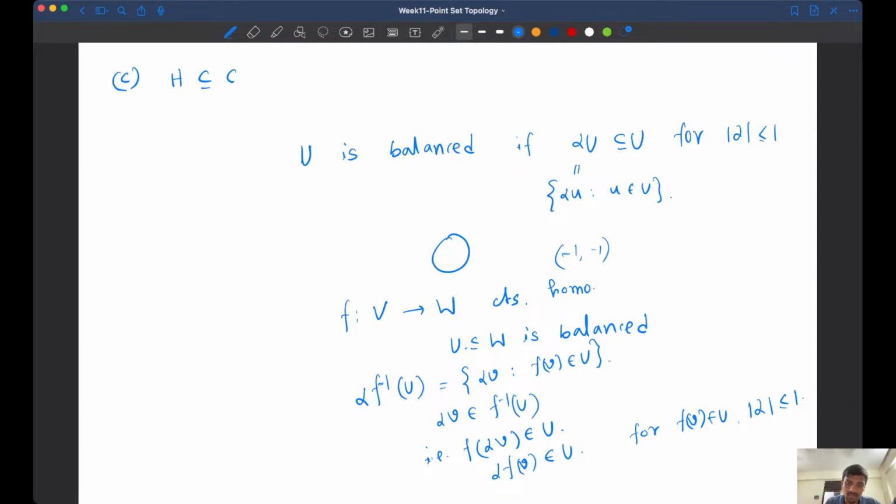This implies that F of alpha V belongs to U, that means alpha V belongs to F inverse U. So alpha F inverse U is contained inside F inverse U: for any V in F inverse U, you proved that alpha V also belongs to F inverse U for all mod alpha less than or equal to 1. So this is also balanced. Continuity is not needed, just the homomorphism part I am using here.